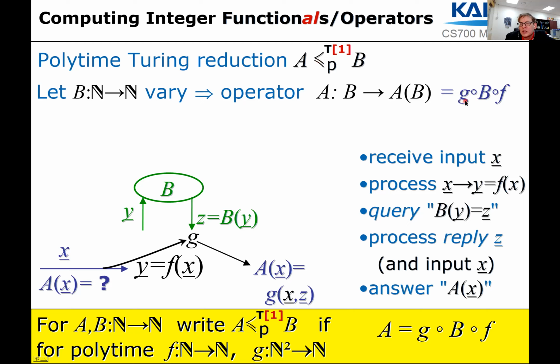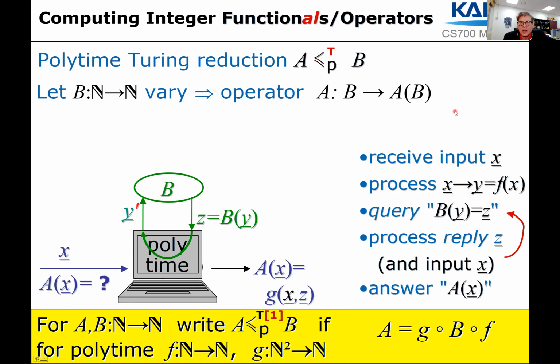In this case, a very special kind of operator of this composition product form: first translate, then invoke B, then translate again. And more generally, if we allow more than just one query, like in this example, that means that the result of the first query can be processed further and can be used to produce another query, which we here call y prime, can be used to make another query to B, give another answer, and so on.